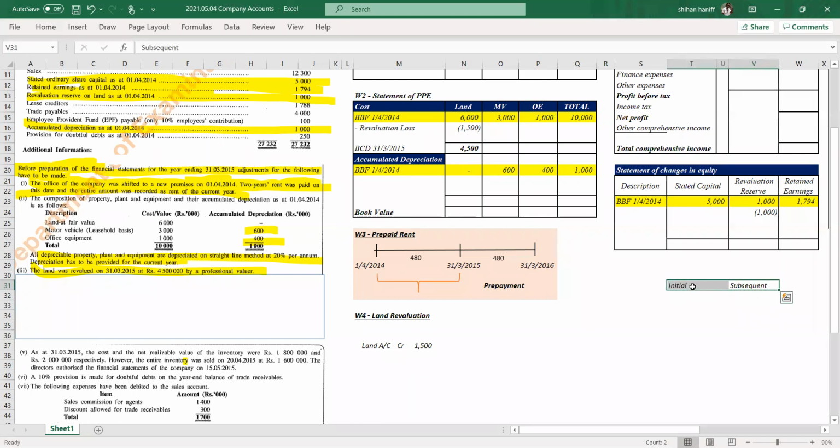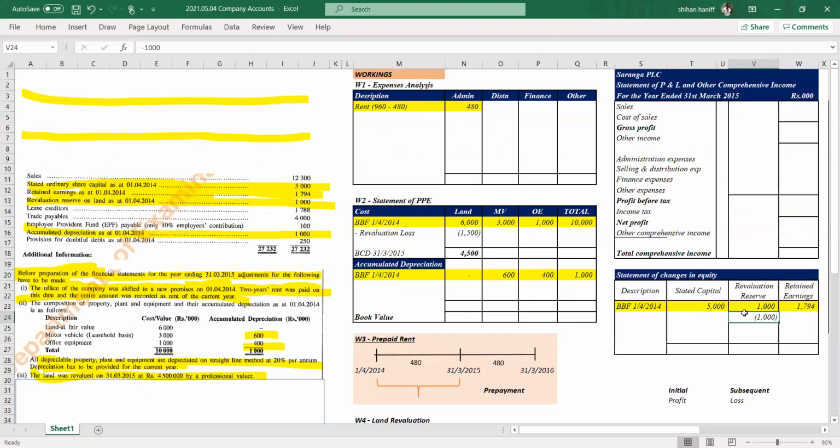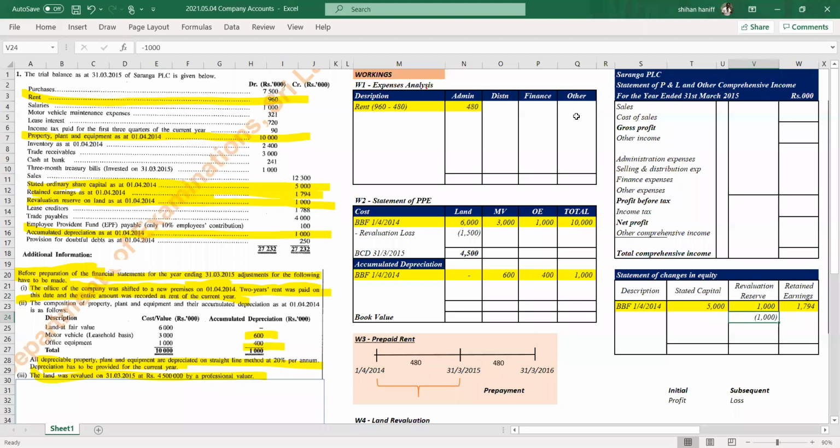So here initial revaluation is profit and subsequent revaluation is loss. Right? So if there is a loss in the subsequent revaluation, up to the point of revaluation profit, we have to deduct the loss from the revaluation reserve account. If you have more losses, there is another 500 loss that has to be taken to the other expenses.